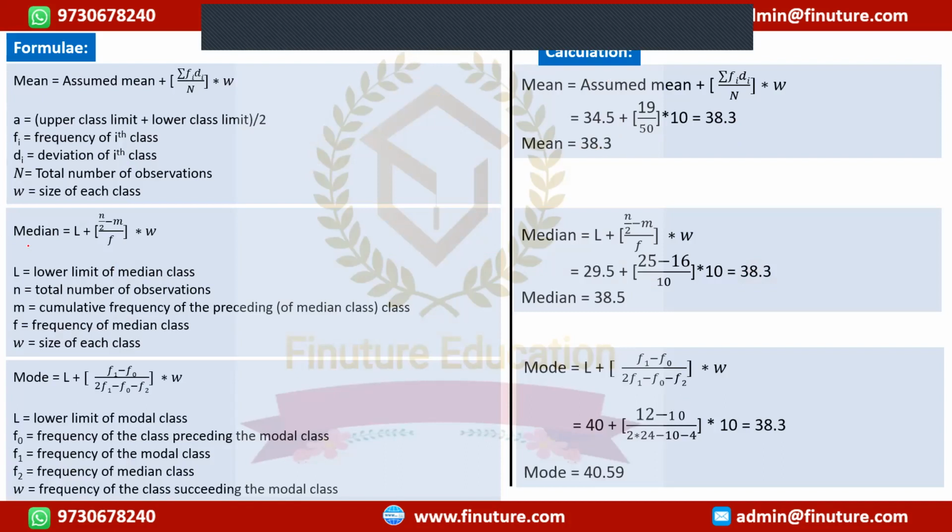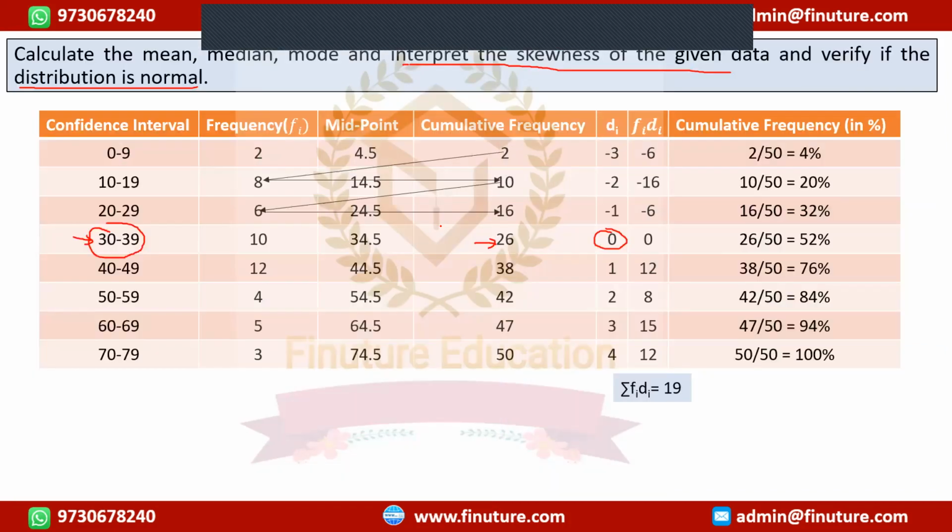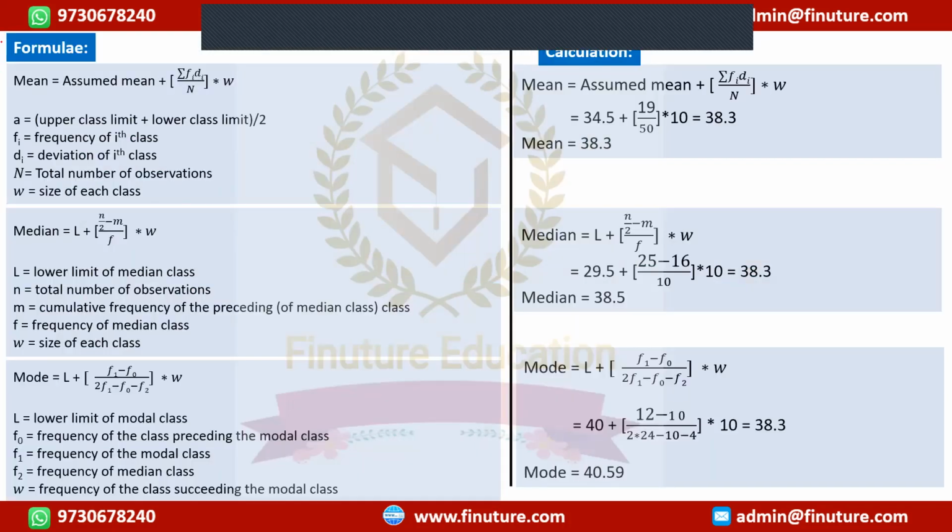And when we talk about median, the formula is slightly changed. Instead of assuming, we have the lower limit of the median class. The lower limit, if you see, was 30, but because data is not continuous, we subtract 0.5 from the lower bound. So the lower bound becomes 29.5, and n over 2, that is 50 by 2, that is 25, minus m.